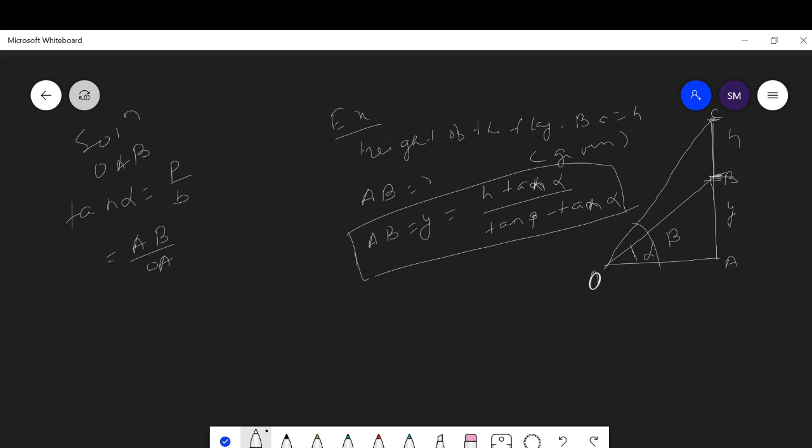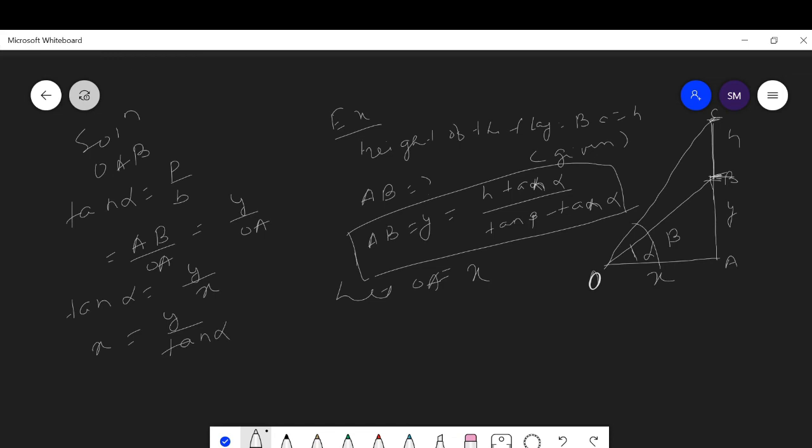Here AB is equal to y upon OA. Let OA be x, let this distance be x. Then tan alpha is equal to y upon x. This means x is equal to y upon tan alpha.